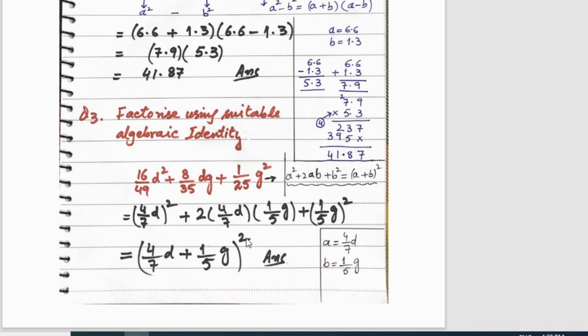When the power is 3, it means this expression can be written 3 times, multiplied 3 times. I hope it's clear. Whenever you have power 2, this whole factor can be written 2 times in multiplication form. If there is power 3, it can be written 3 times in multiplication form.